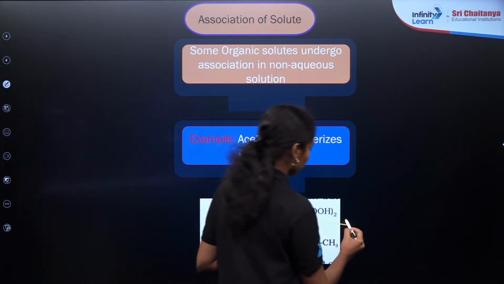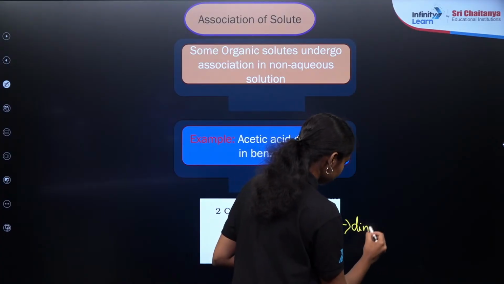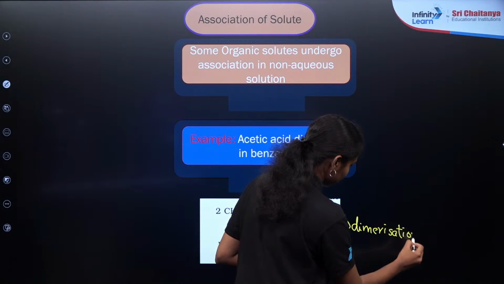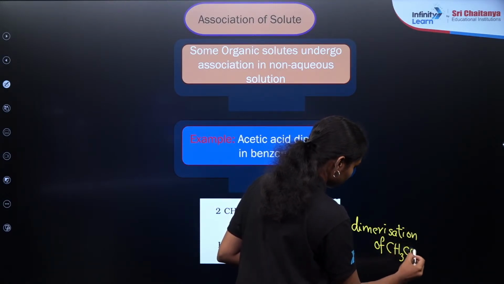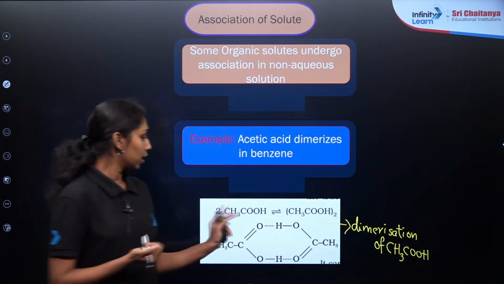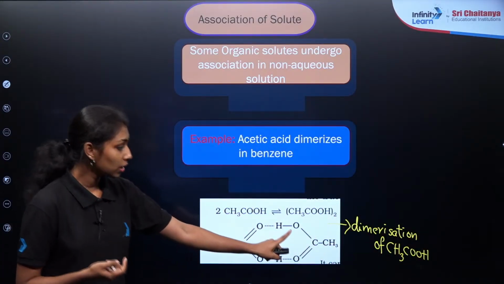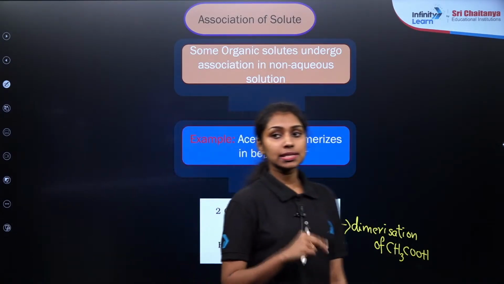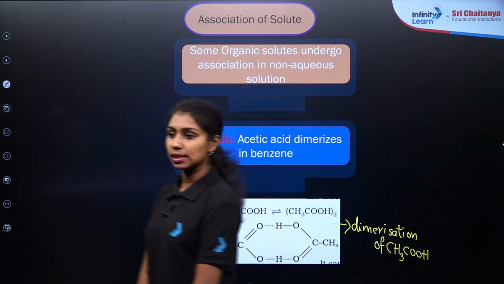Dimerization happens. So what will happen to the number of molecules here? 2 molecules converting into 1 molecule, right? So the number of solute particles decreases, colligative property decreases, so that molar mass increases, right?